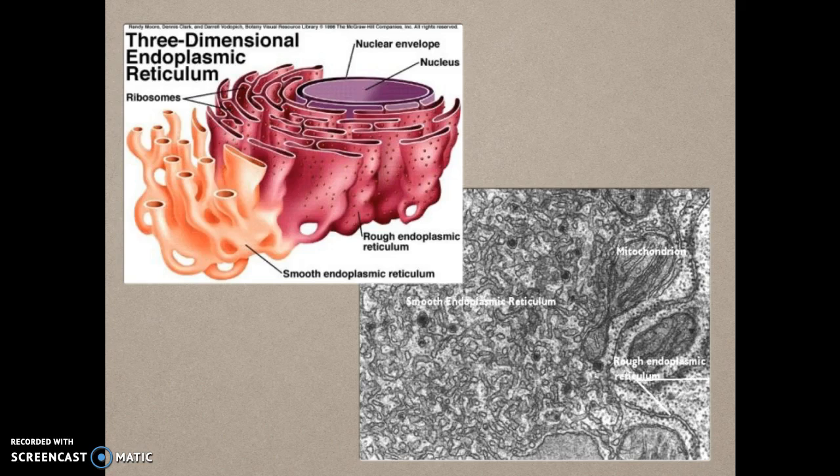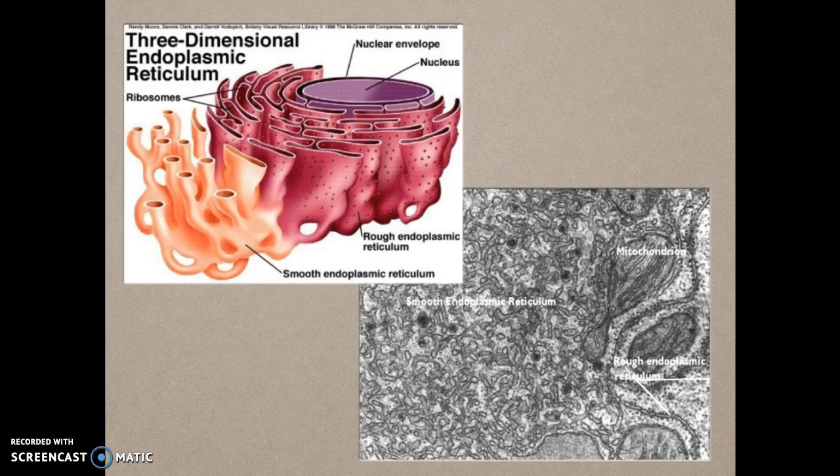As a little bit of comparison between them, the smooth ER is tubular, whereas the rough ER is obviously folded sacs. The smooth ER doesn't have ribosomes on it, whereas the rough ER has them on the membrane.